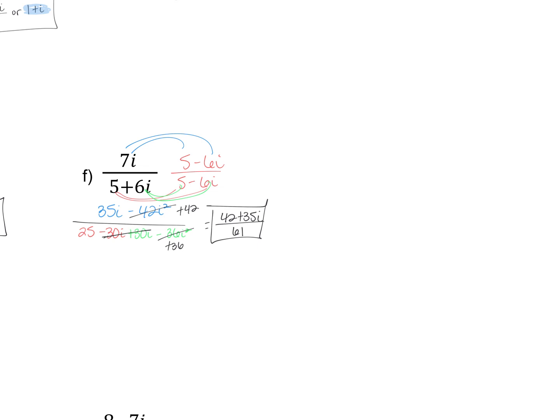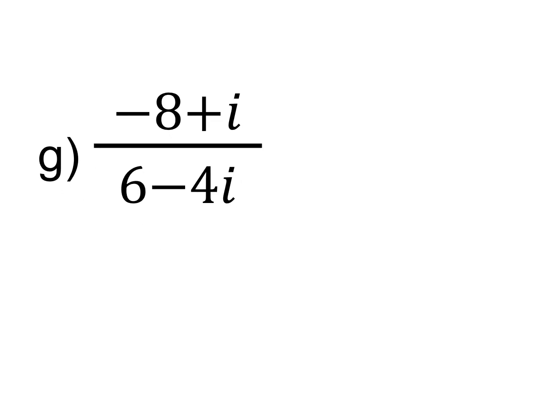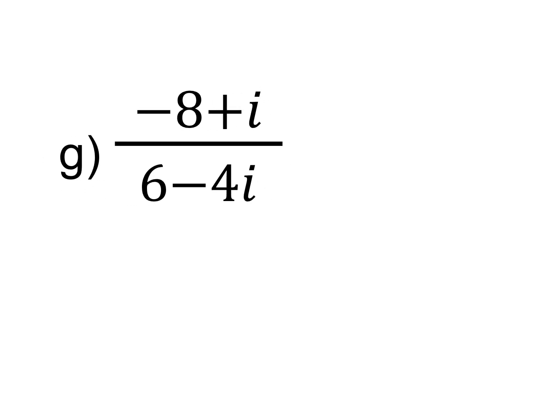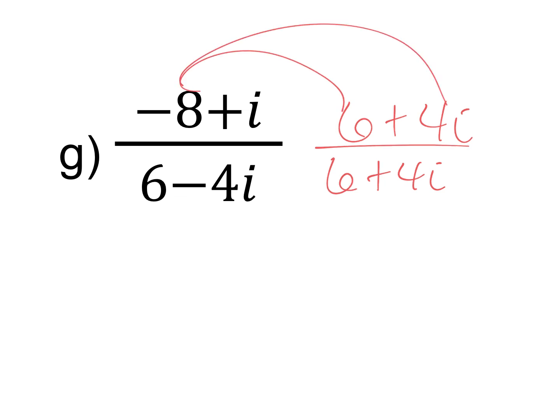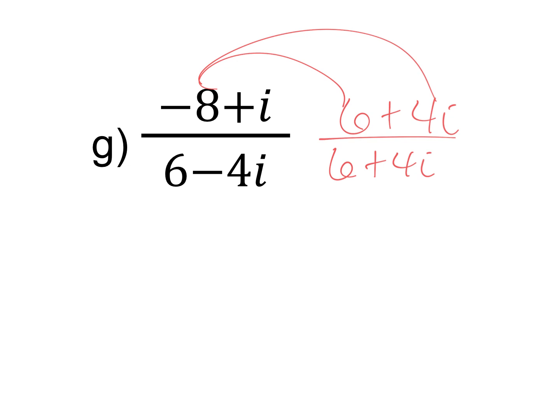All right, 3 more, I think. Sweet. I'm gonna go fast, so if you need to, rewatch. Okay, so gotta multiply by the conjugate, 6 plus 4i. Distribute. Ooh, this is a binomial times a binomial twice. Our lucky day. So this would be negative 48 minus 32i, gross, and then distribute your i.